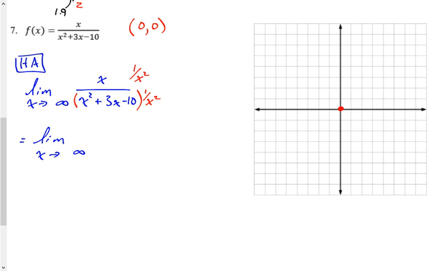As x approaches infinity, I will get 1 over x on the top, 1 plus 3 over x minus 10 over x squared.